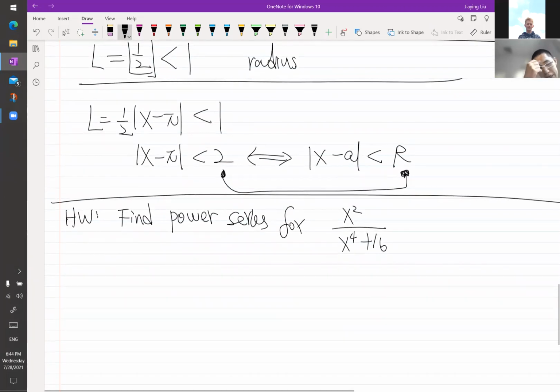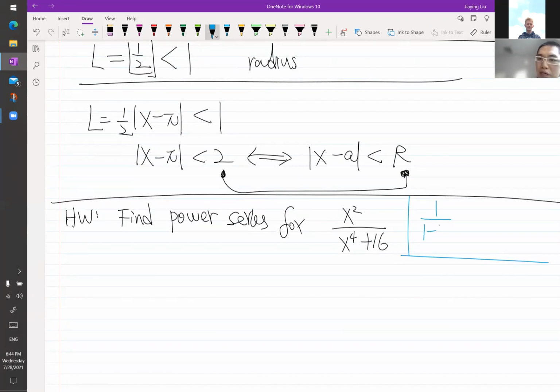We're going to find the power series representation. To do that, I'm going to go back to my notes and write down something we have done before. In previous lectures, we had an example that if we have 1 over 1 minus capital X, we can write that as sigma n from 0 to infinity of capital X to the n.